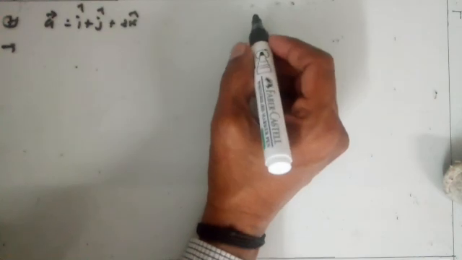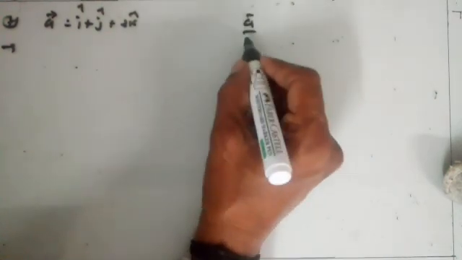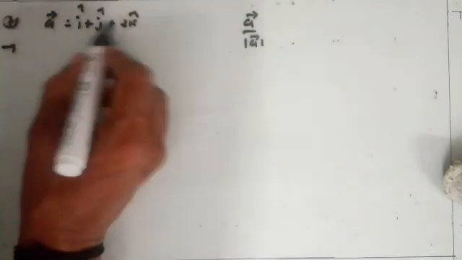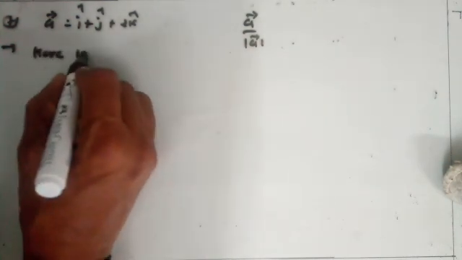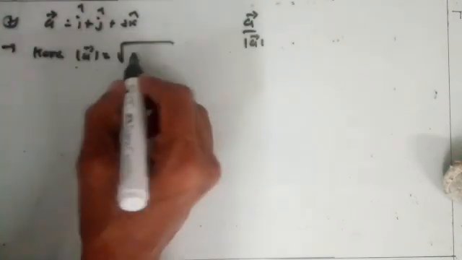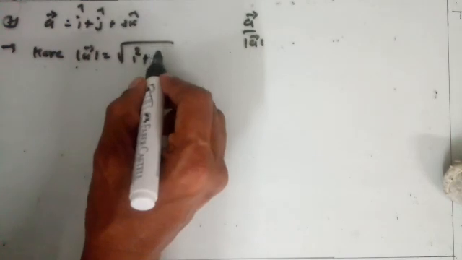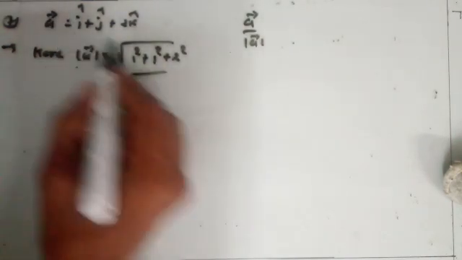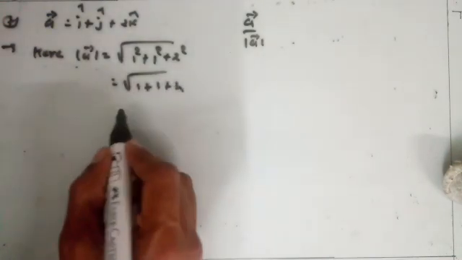We know that the unit vector in the direction of A is A upon mod of A. First find the magnitude of A. Here mod of A is equal to root of 1 square plus 1 square plus 2 square, that is root of 1 plus 1 plus 4.